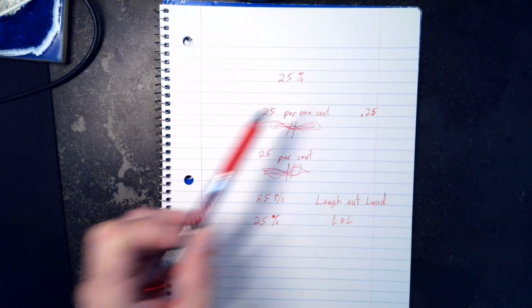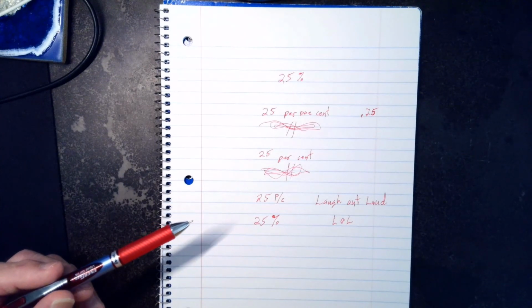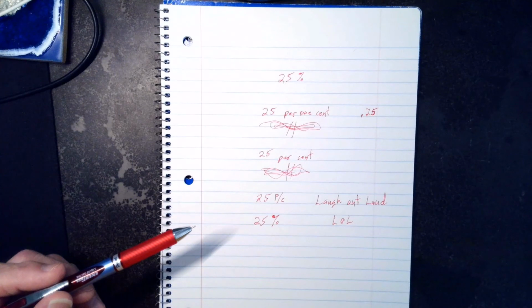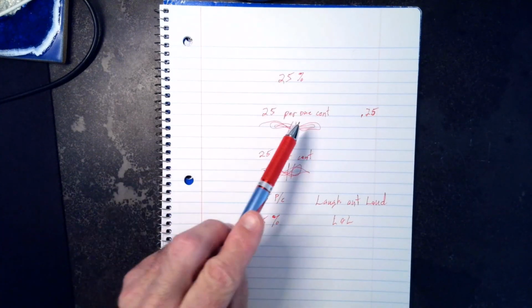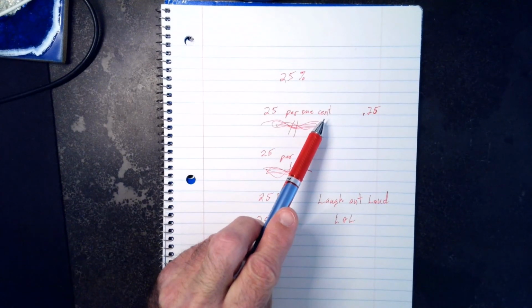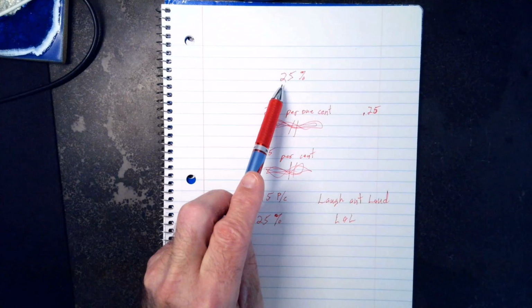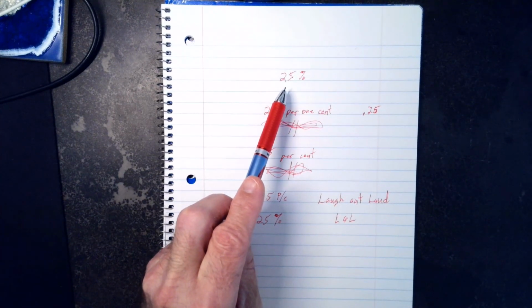So you don't need to get too wrapped up in thinking about this, because it is what it is. And that's why the math professor said the word cent means 1/100th. So that's where the divide by 100 comes from. The student just didn't know.